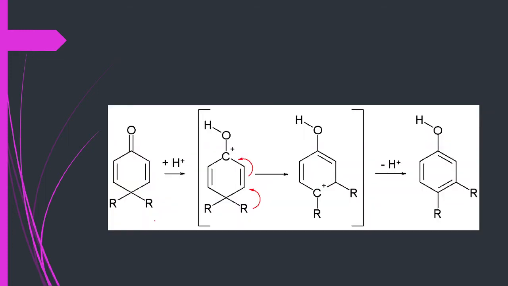The electron from this hydrogen will be shifted towards this position and aromatization of the ring will take place. That is, the dienone, this ketone, is converted to a phenol. That is called dienone-phenol rearrangement.